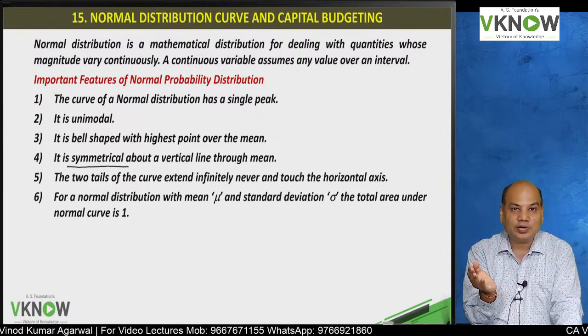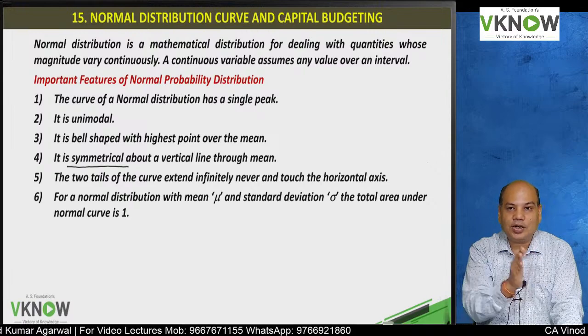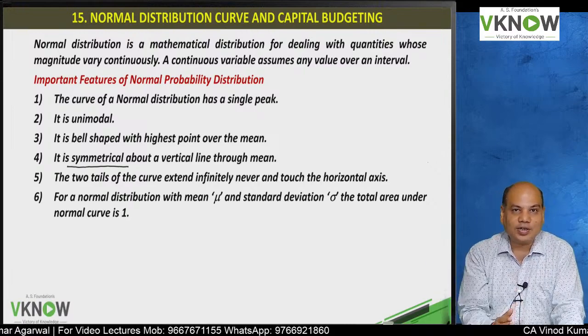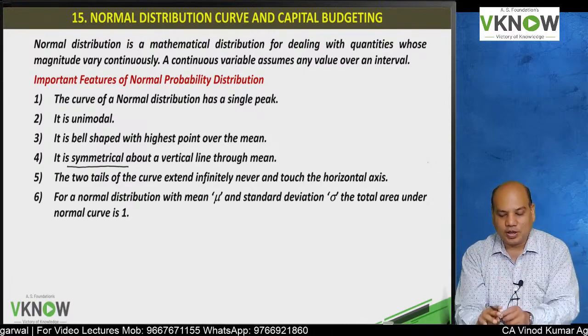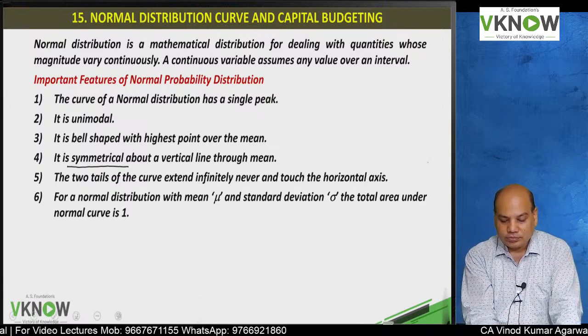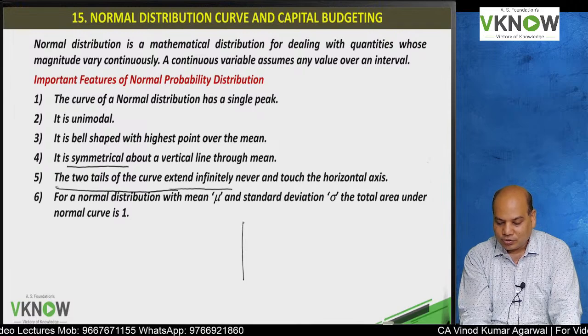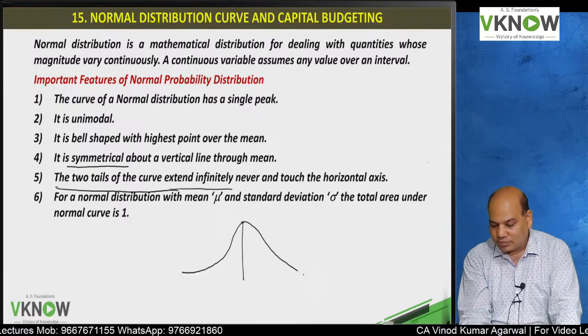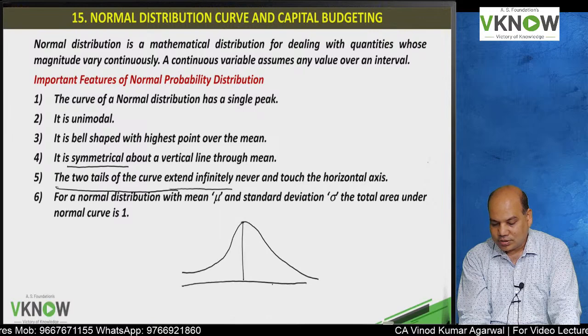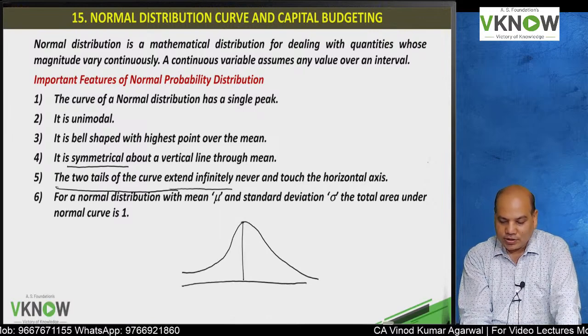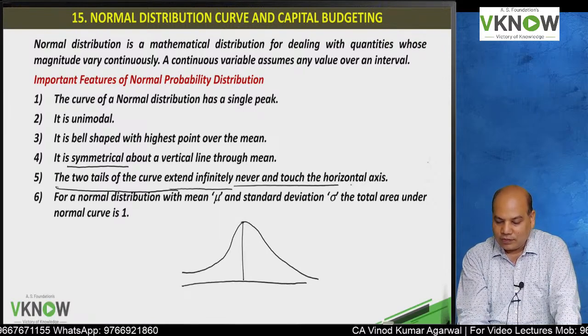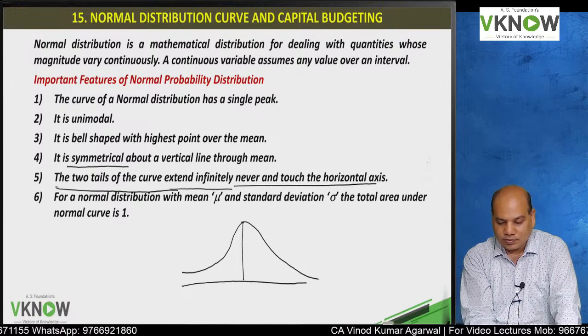You are symmetrical. Your left side and your right side are exactly equal. Not everybody. The two tails of the curve extend infinitely. So when you draw the diagram, don't touch the x-axis. If you touch the x-axis, it's a wrong diagram, never touch the horizontal axis.